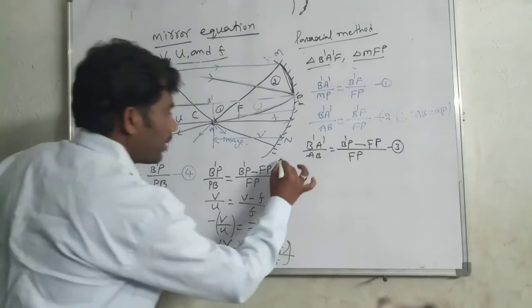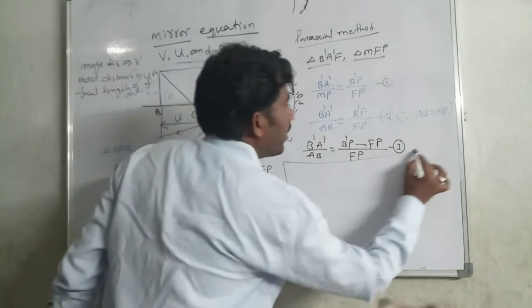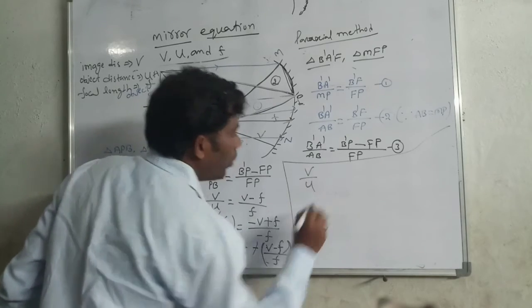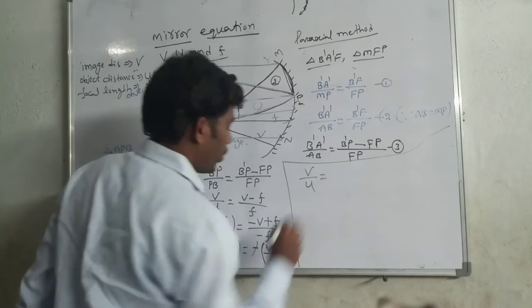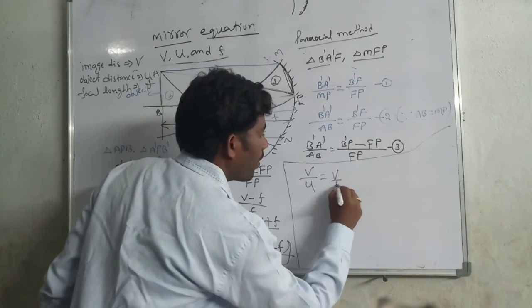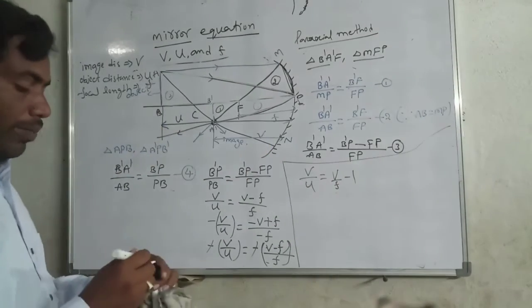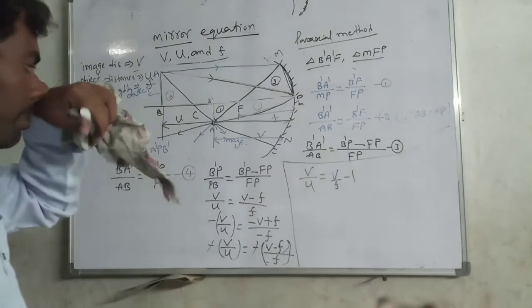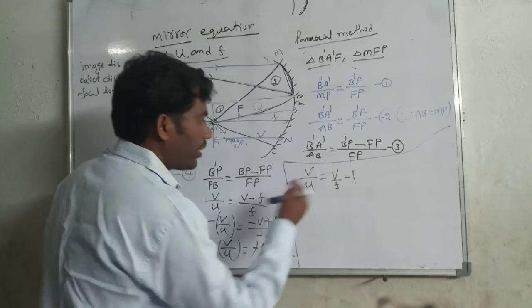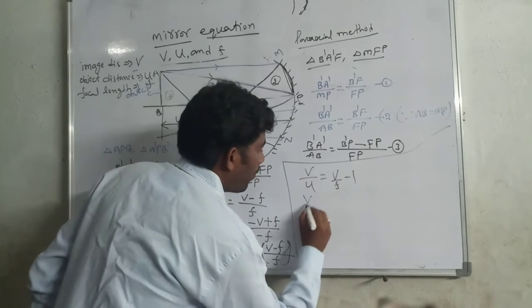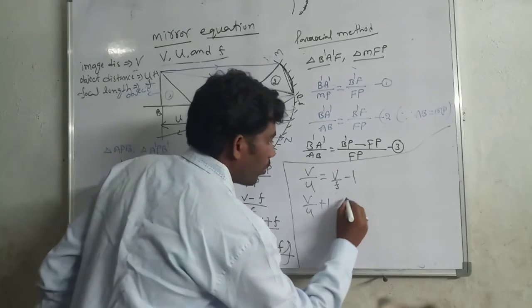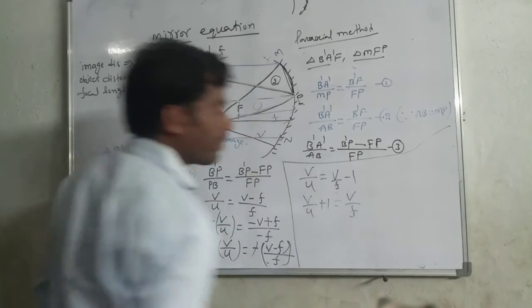Then V by U equals V by F minus 1. Bringing the minus to this side, V by U plus 1 equals V by F.